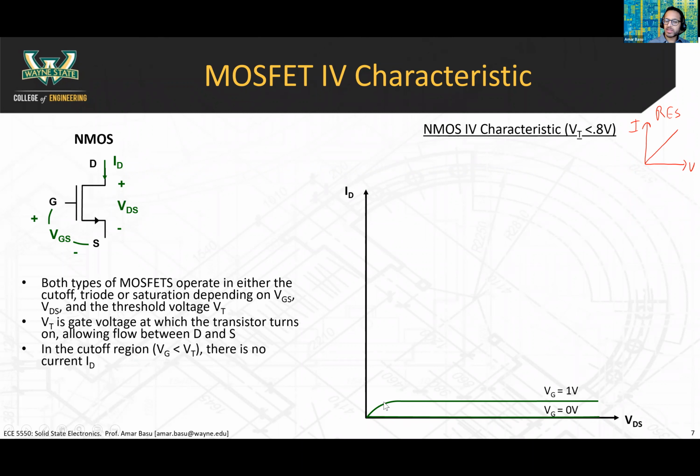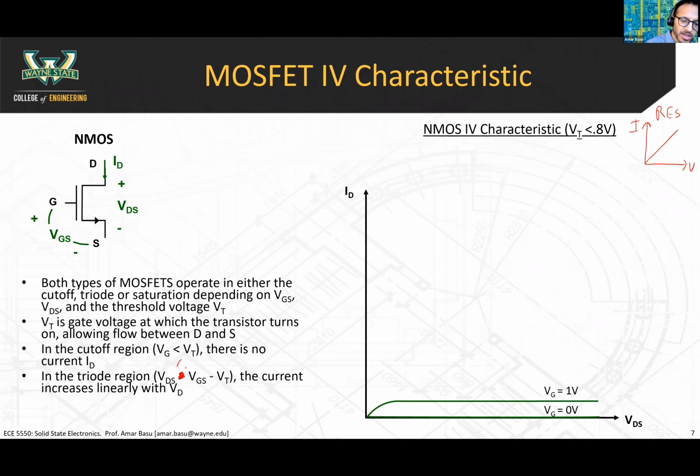So you can see that there are two different regions of behavior. There's this section here where the current goes up as a function of voltage, and then there's this section here where the current becomes independent of the applied voltage. We call this region the triode region. The triode region happens when VDS is less than VGS minus VT. Please fix this in your notes.